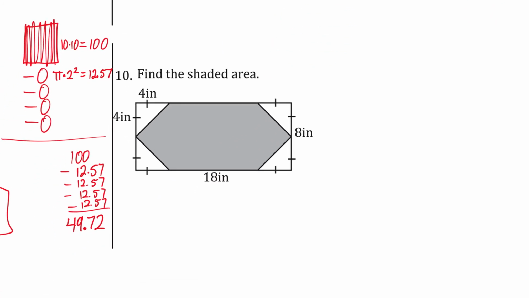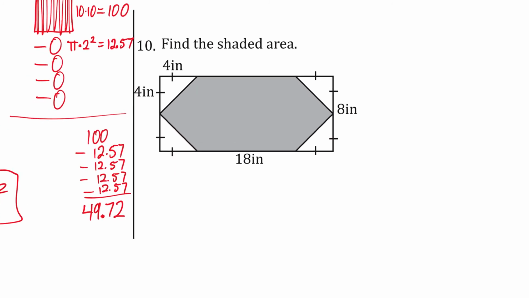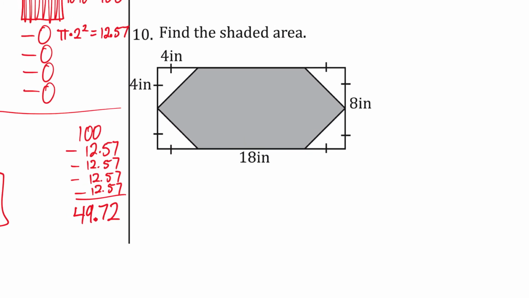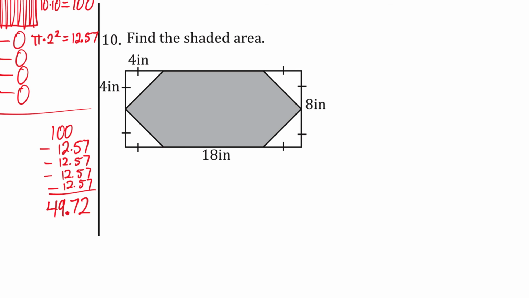Okay, on this last one, I want the area of the shaded. So what am I going to do first here? What's the overall big shape here? Yeah, it's a rectangle, right?